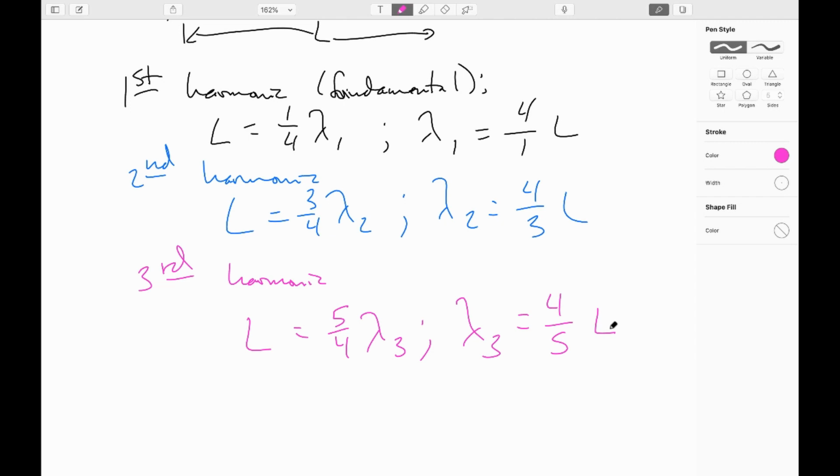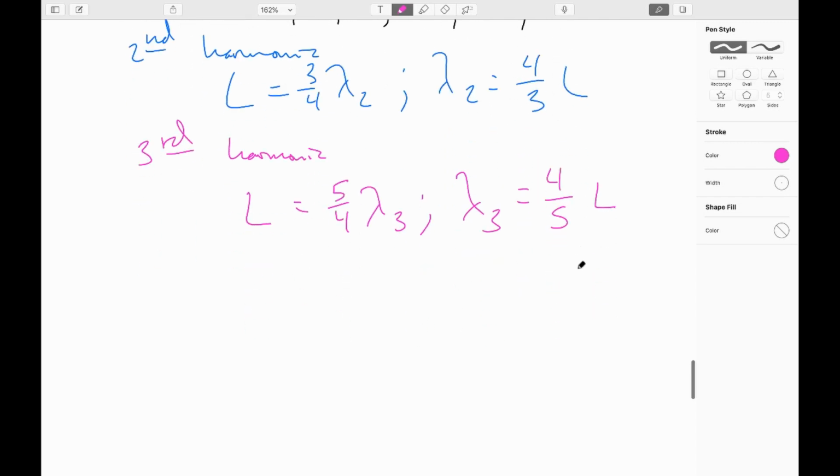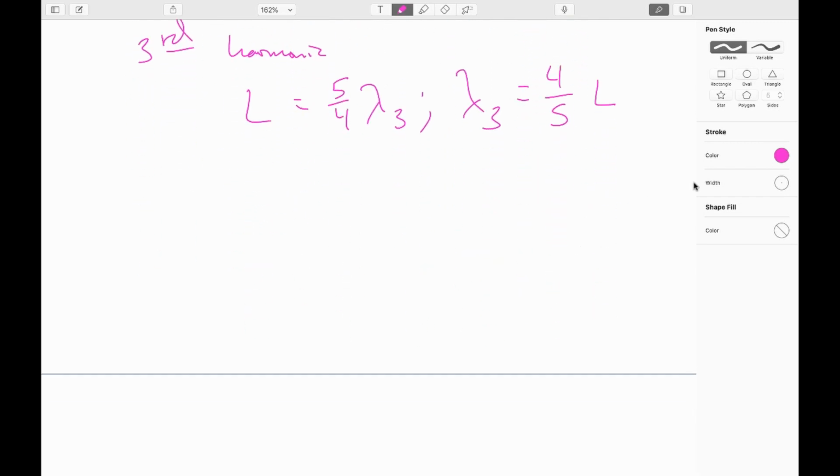Okay, and now I'm going to present the general equation two different ways. Pretty much every book written in the last 20 years writes the general equation like this, which personally I find a little confusing, but I'm not going to argue because I know these things are focus grouped to oblivion. So this number here will go 1, 2, 3, 4, 5, because this is the harmonic number.